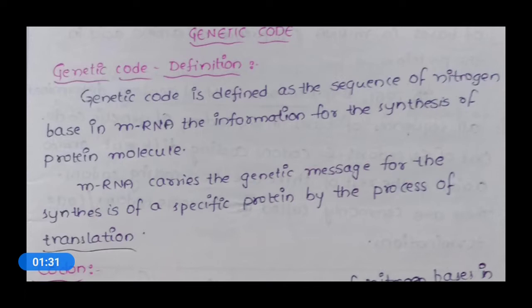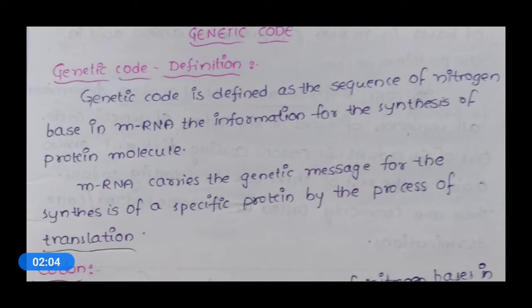Here nitrogen bases means A, U, C and G. These 4 nitrogen bases are arranged in a sequence in mRNA, and this arrangement carries information helpful in the synthesis of a protein. That is what genetic code is.